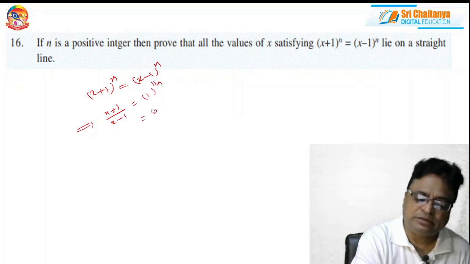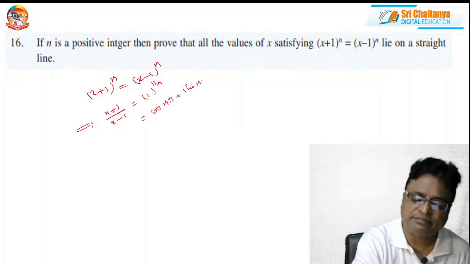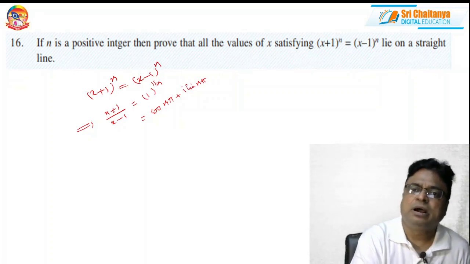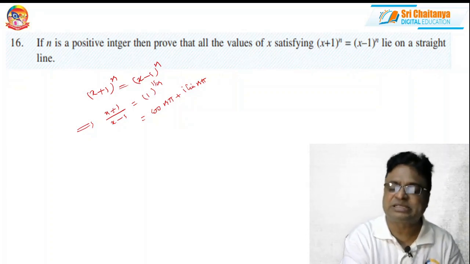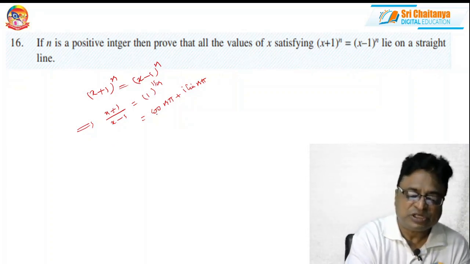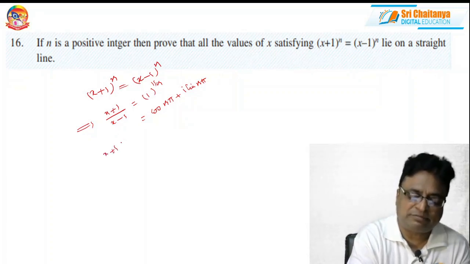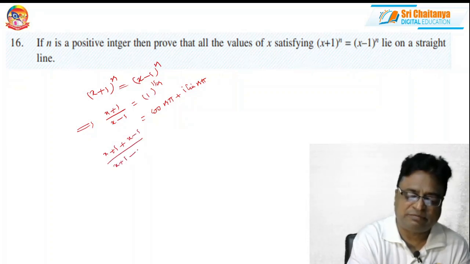This is cos 0 plus i sin 0. So cos 2k pi plus i sin 2k pi by n. I can write like this, because it is the general value, since 1 by n is there. So now apply componendo dividendo, that means (x plus 1 plus x minus 1) by (x plus 1 minus x plus 1) equal to cos n pi plus i sin n pi.